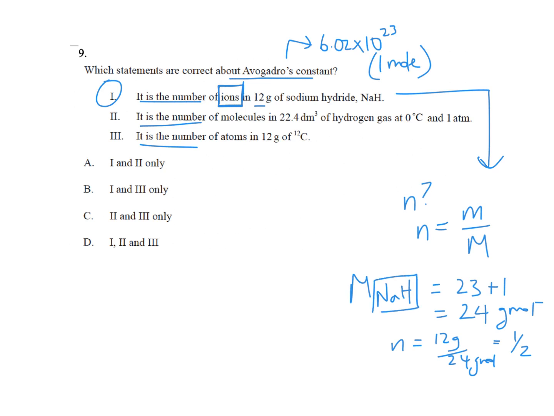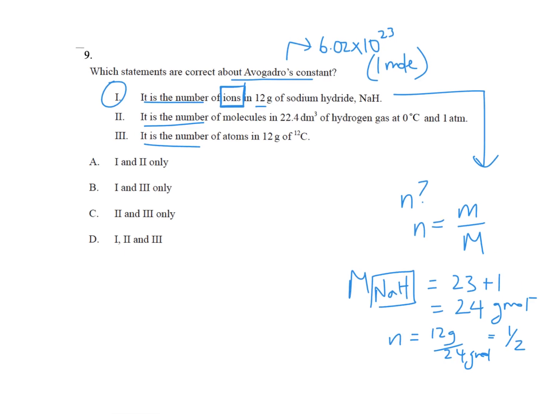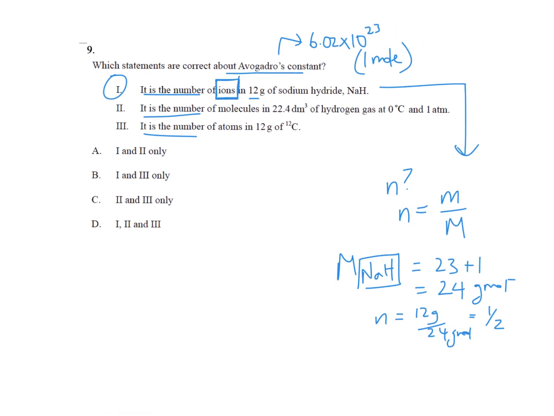There's an Na plus ion and an H minus hydride ion, which is kind of weird. So we're just going to take that half a mole and multiply it by 2 ions, because there's 2 ions in every unit, and that is 1 mole. Phew, that was kind of a roundabout way of saying, yeah, that checks the box.